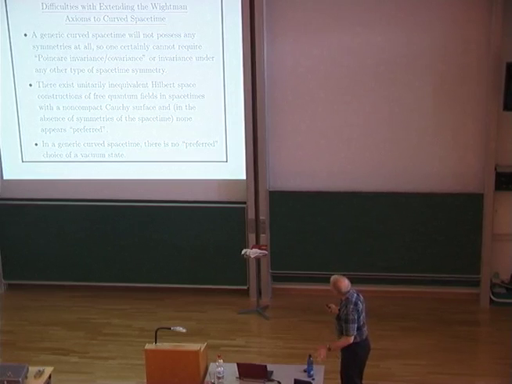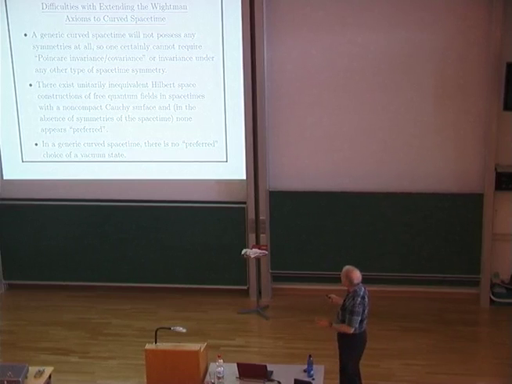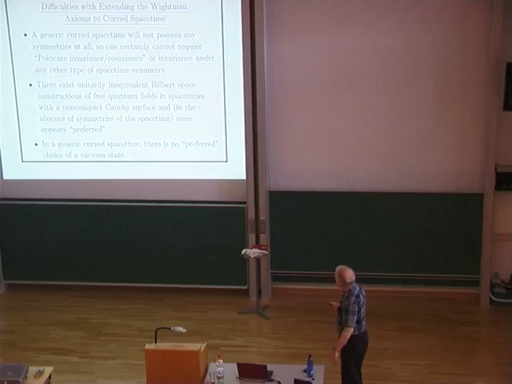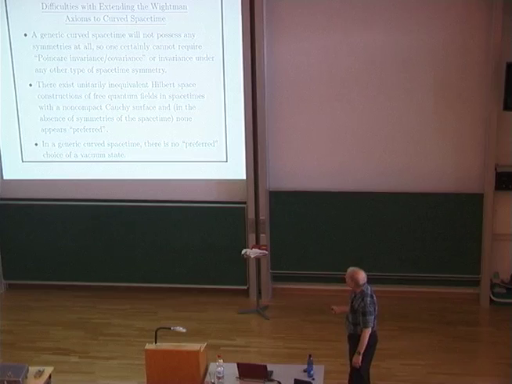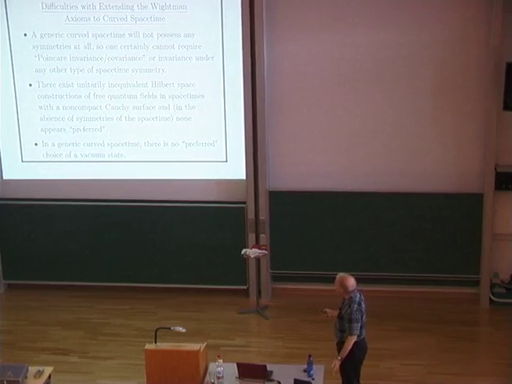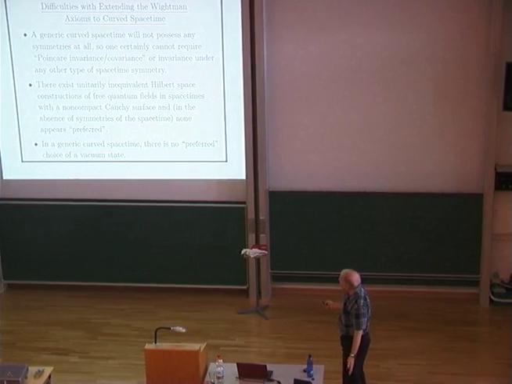Well, there is in flat space-time as well, but the Poincare symmetry and the presence of a Poincare invariant state in one of these representations can be used to pick out a preferred representation that one can just declare to be the Hilbert space and so on. But again, in a general curved space-time in the absence of symmetries with a non-compact Cauchy surface, there doesn't appear to be any one representation that's preferred over the others.